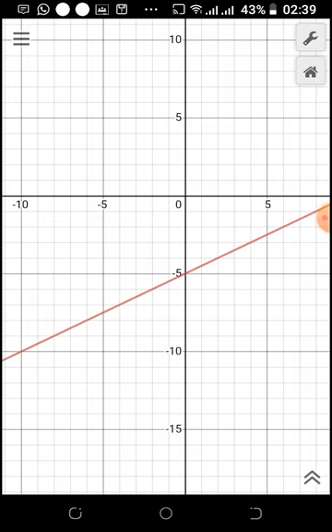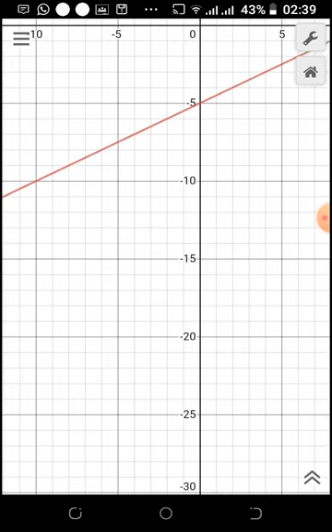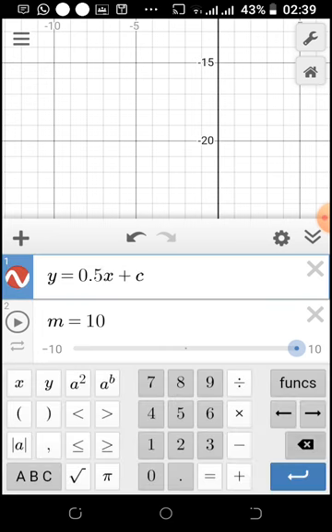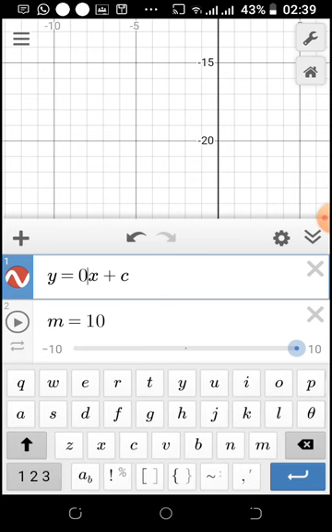Again, I will stop this video, but before I do that, I need to go over what I've said: the general equation of a straight line is y equals mx plus c. The m is your gradient, while x and y are variables.